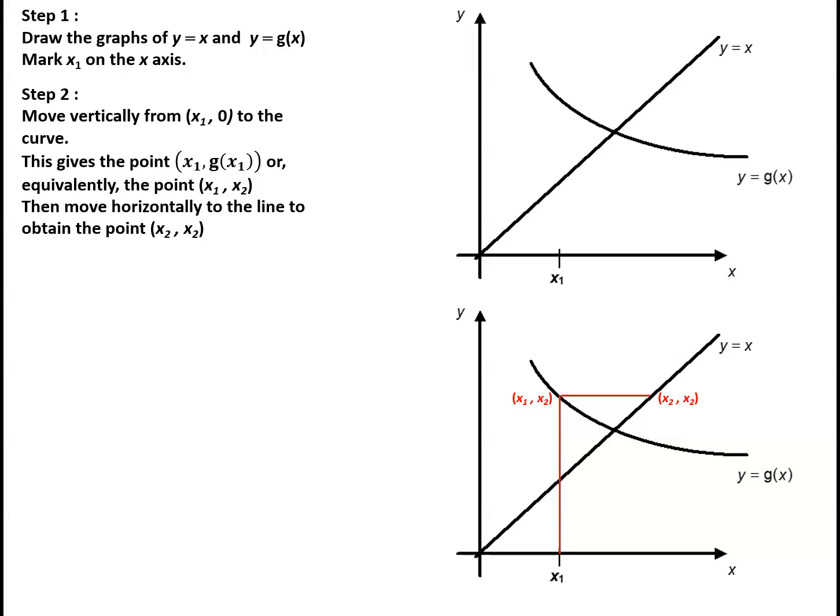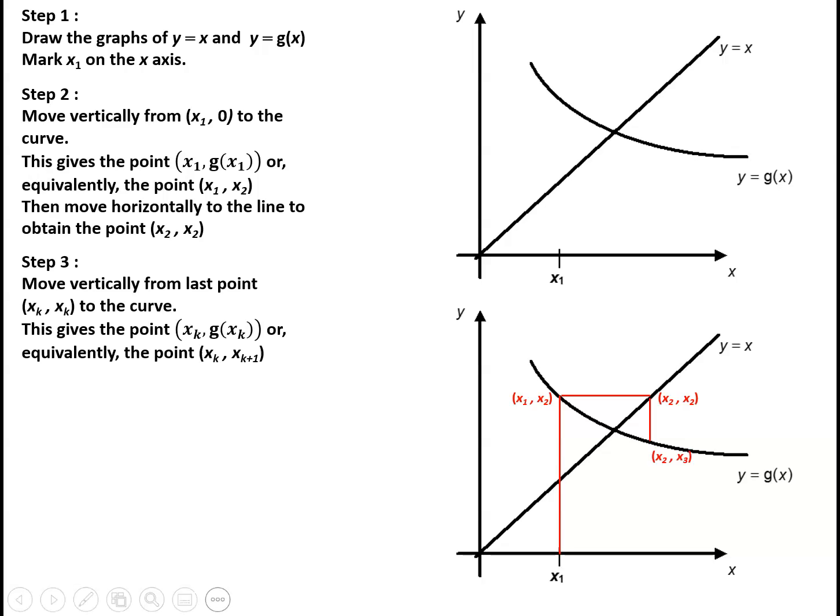The next step is to move from the last point, which will be of the form (x_k, x_k). In this case it's the point (x_2, x_2). We've got to move vertically from this point to meet the curve. If I move vertically from the point (x_2, x_2) to meet the curve, it's going to give me the point (x_2, g(x_2)), which, because we're using the iteration x_{n+1} = g(x_n), means x_3 is the same thing as g(x_2).